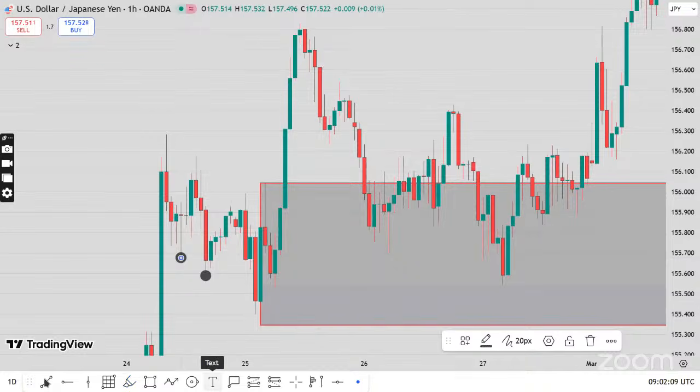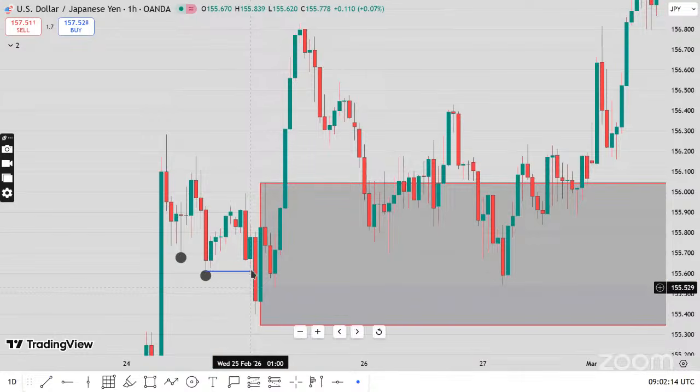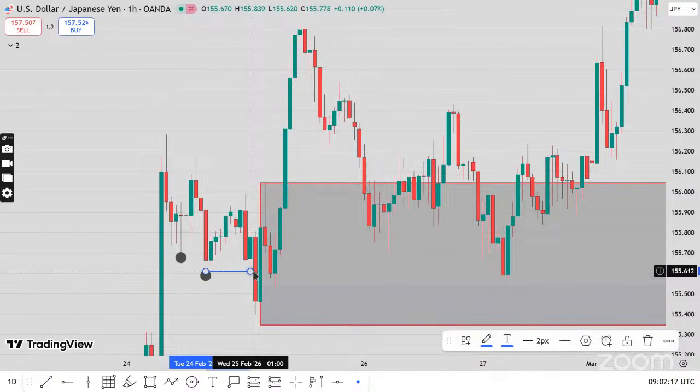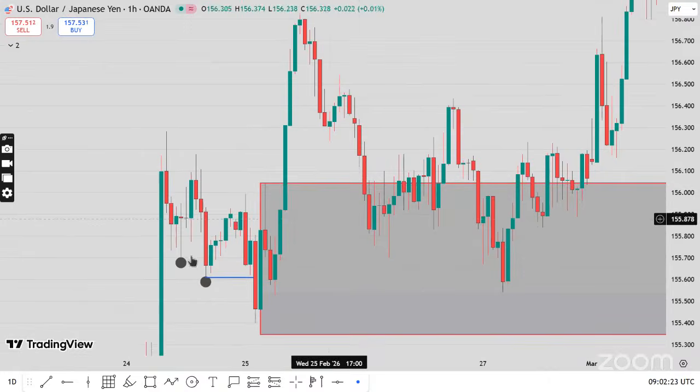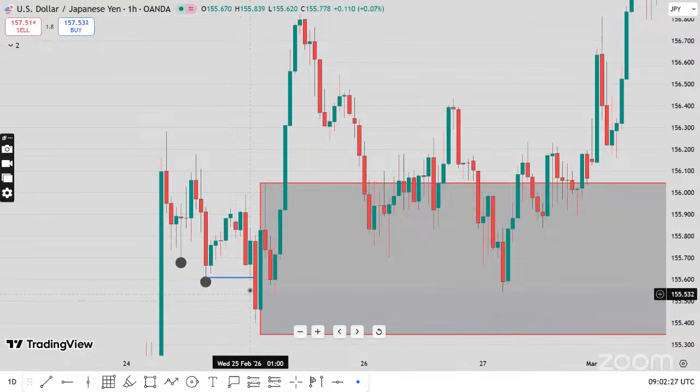All right, so since this is the previous low, it was broken by what? A body. It was broken by a body. Because it was broken by a body, this POI is valid.